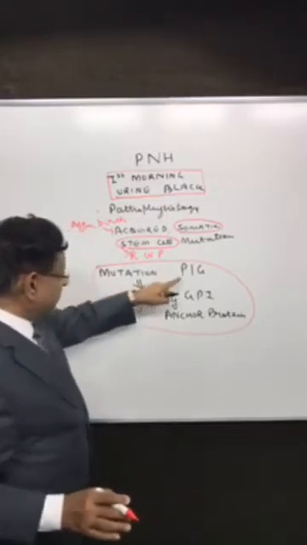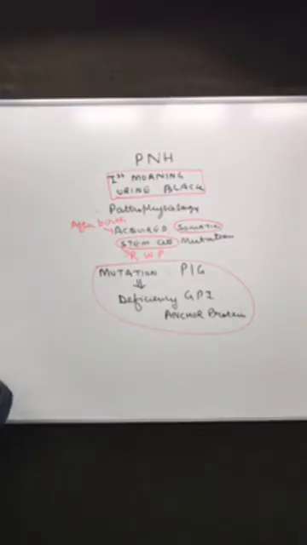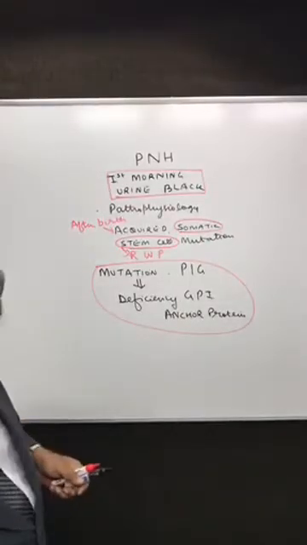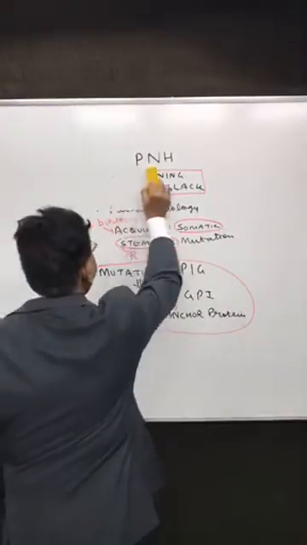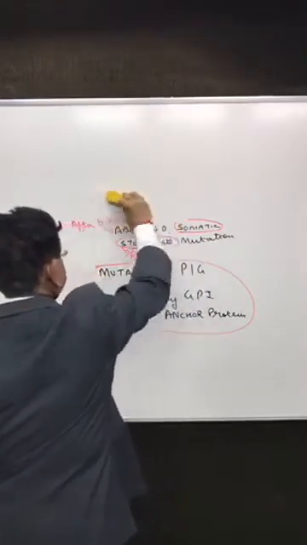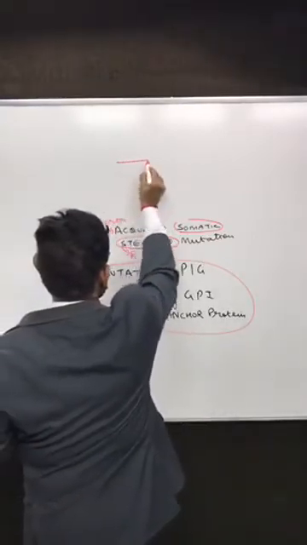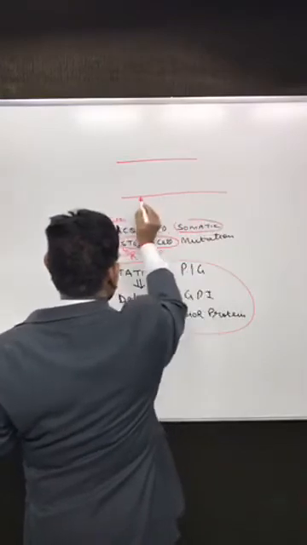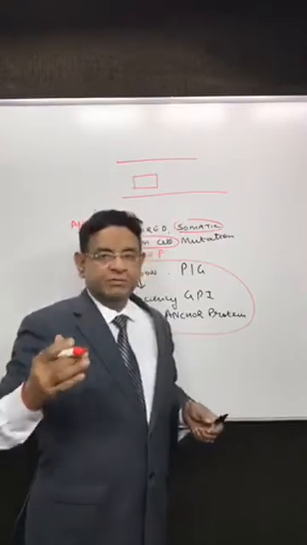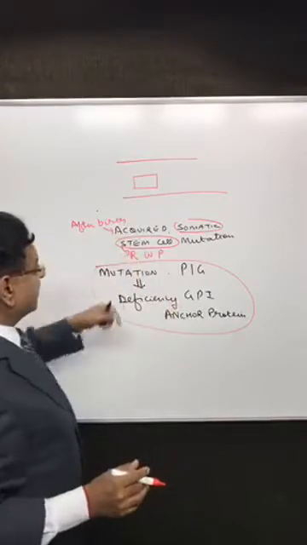Now let's see what mutation of PIG and deficiency of GPI mean. Here is the blood vessel. It has its cells, WBC, platelet, and RBC, whatever cell.